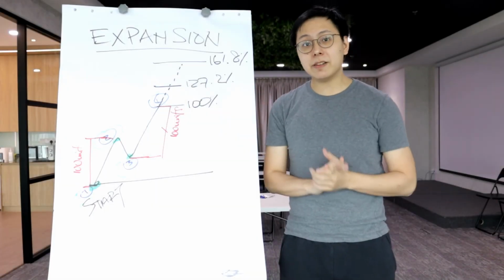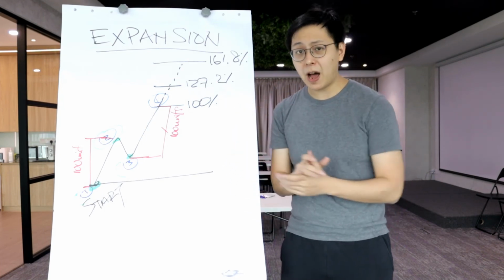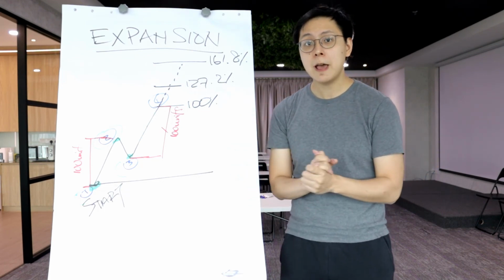So I hope this particular video gives you a good understanding and shows you a little bit of how you are using this application directly in a potential trading strategy.